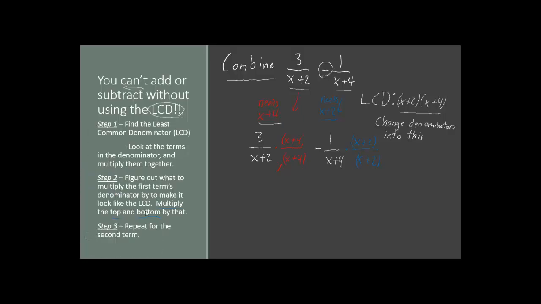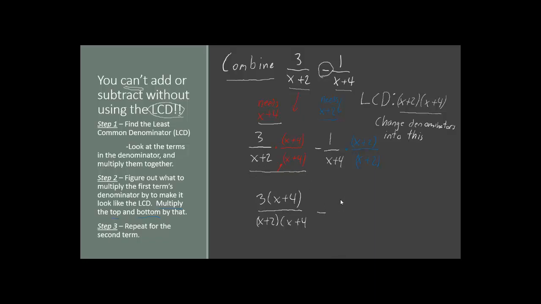So with that in mind, we can rewrite this entire thing as 3 times x plus 4 divided by x plus 2 times x plus 4. All we did was multiply these two fractions together.